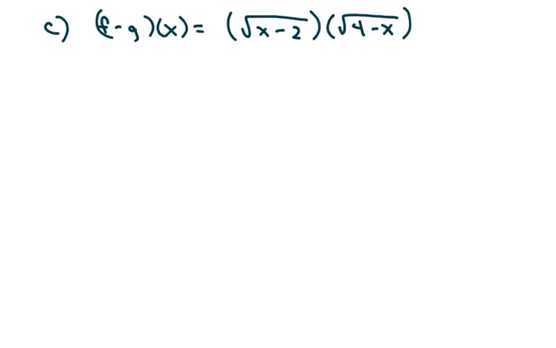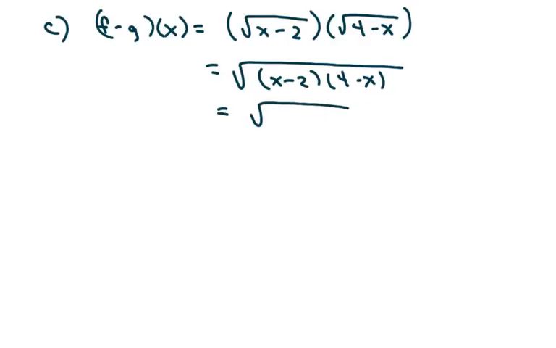Algebra-wise, you can put them together because they're both square roots, and that gives you the square root of negative x squared plus 6x minus 8.